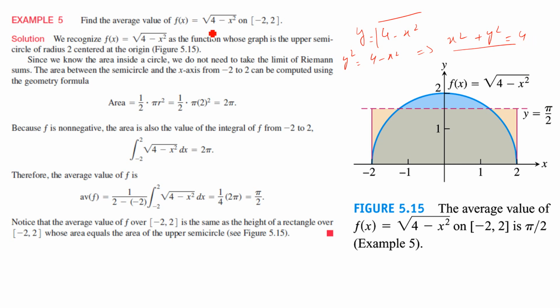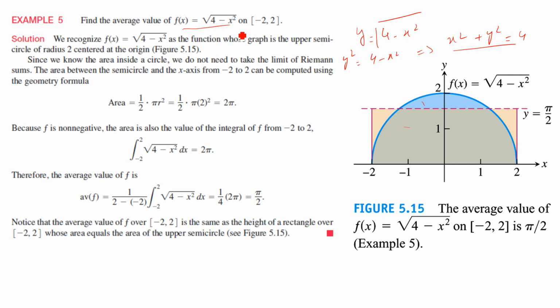But the square root shows that this is the upper part of the circle, which lies in the upper half plane. So this is the semicircle. If we had a negative sign here, the circle would be shown below the x-axis. Above the x-axis shows that the height is positive, so all the values of the function lie above the x-axis.